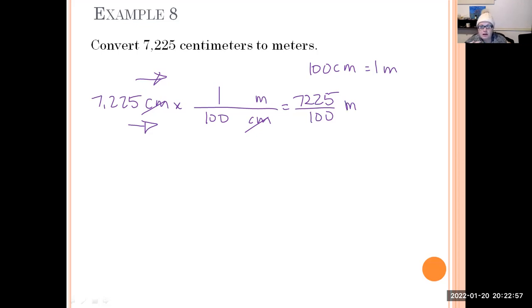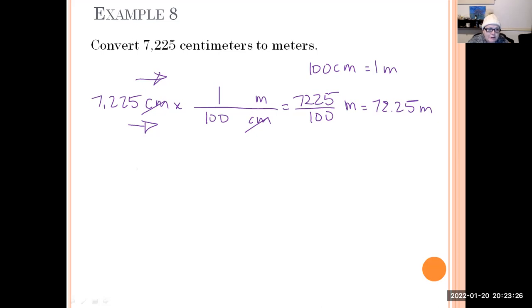If you are not from this country, you should already have this down like the back of your hand. If there's anyone who is struggling at all with any of this, please let me know, whether you're from the country or not. So 7,225 in the calculator divided by 100 is 72.25 meters.